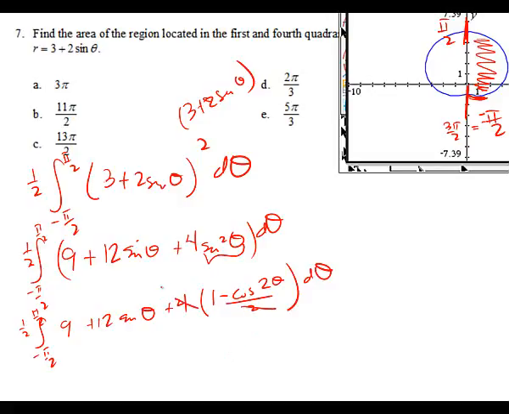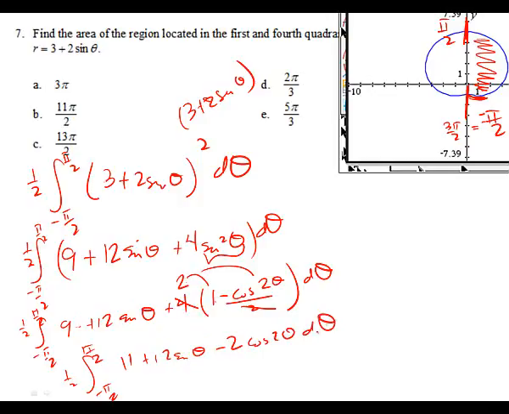The 2 could cancel into the 4 how many times? 2. So I'm going to rewrite that just a little bit before I try to integrate it. Actually, I'm going to do some combining and writing at the same time here. Okay, so when I distribute that in, what's 2 times 1? 2 plus that 9 is what? 11 plus 12 sine theta minus 2 cosine 2 theta d theta.